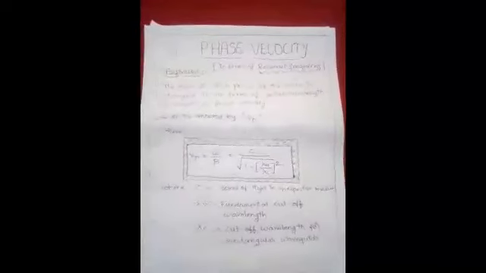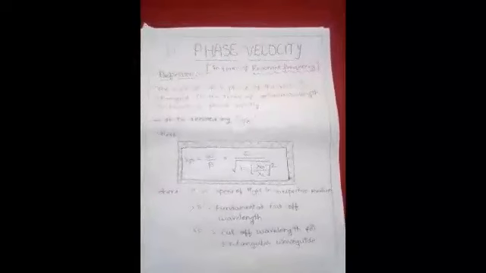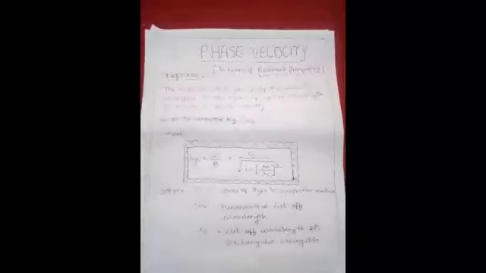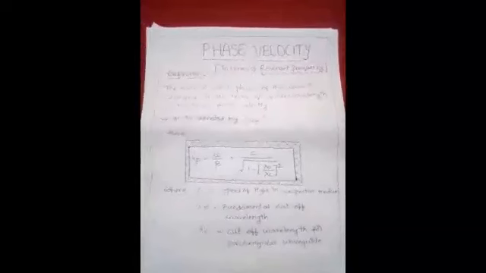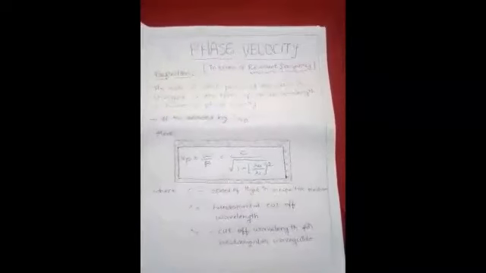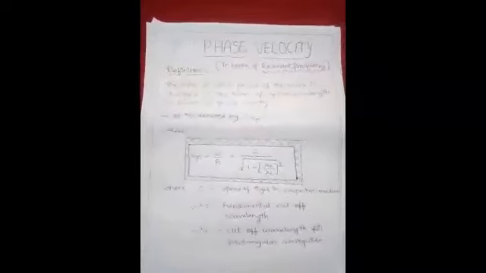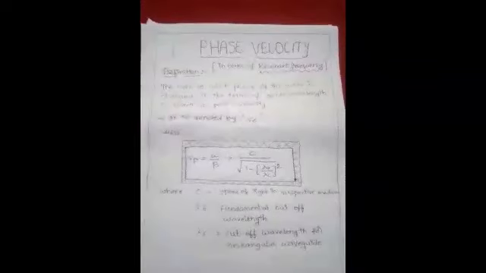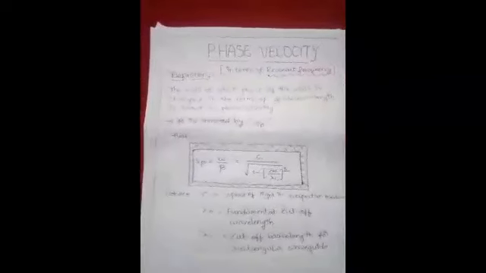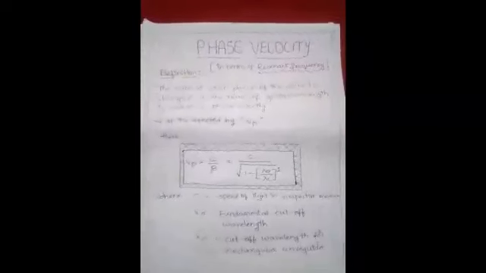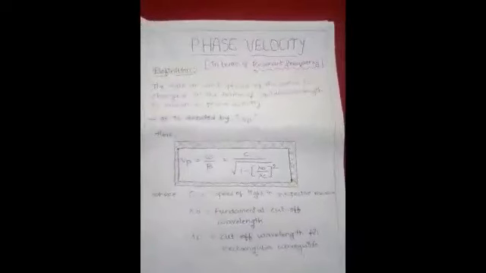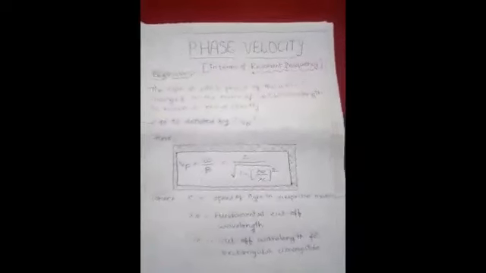Now, let me explain the definition. Whenever we come across the word rate in the definition, it means that it is related to the time factor. So, the rate at which means something is changing in accordance with time. What is that particular aspect changing? It is nothing but the phase.